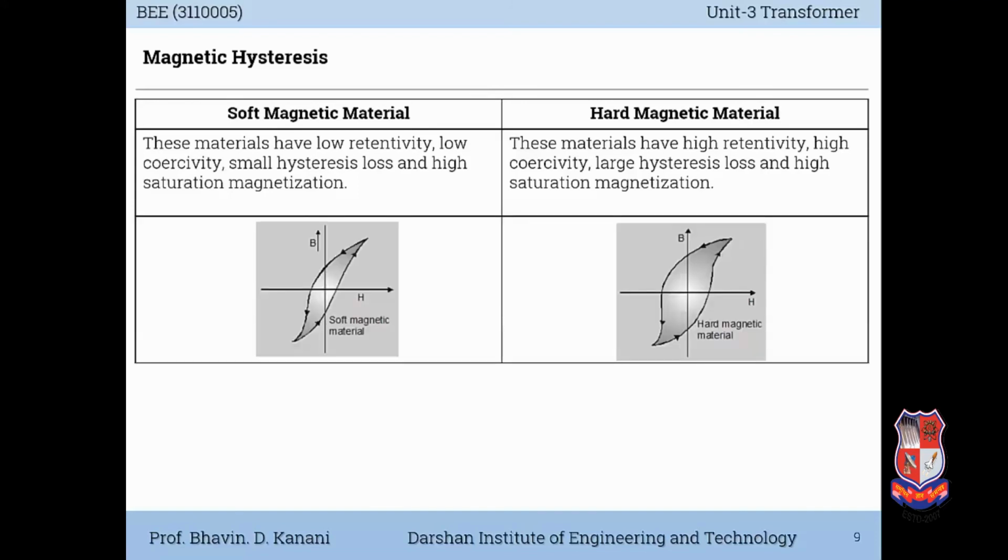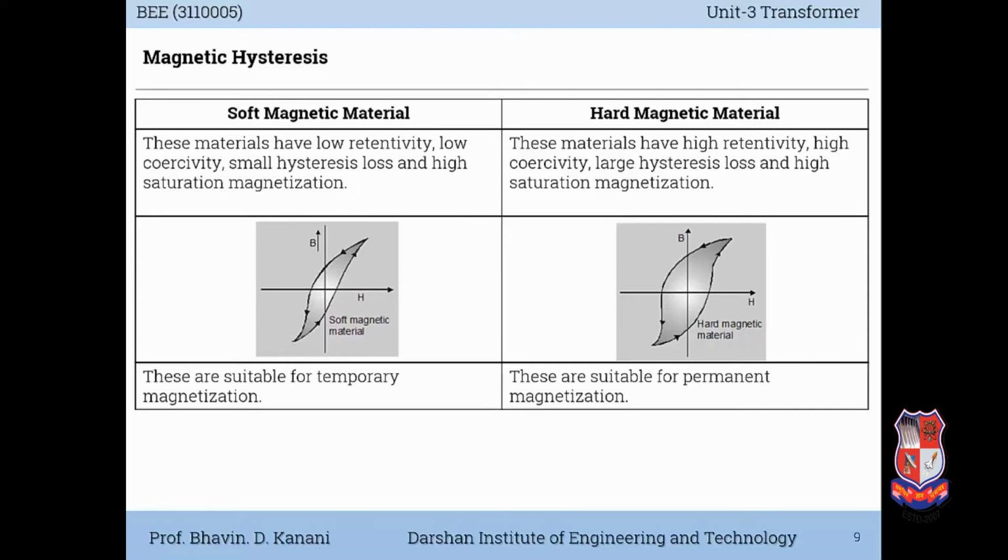You can see the hysteresis loop of both types of material. In a soft magnetic material, the hysteresis loop is a small shape, and hard magnetic material has a large hysteresis loop. Soft magnetic materials are suitable for temporary magnetization and hard magnetic materials are suitable for permanent magnetization.